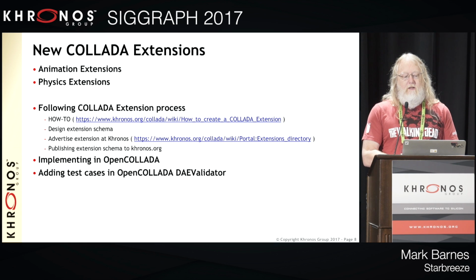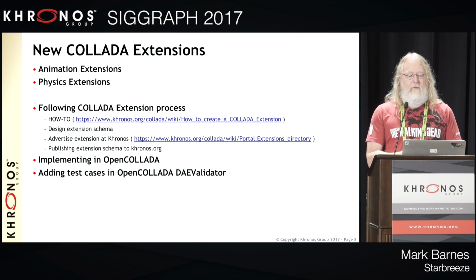We also worked on some extensions for our own pipelines, mainly around animation and physics animation. We followed the COLLADA extension process, which has been documented, and there's a how-to at khronos.org, and there's a link here in the slide for you to follow.